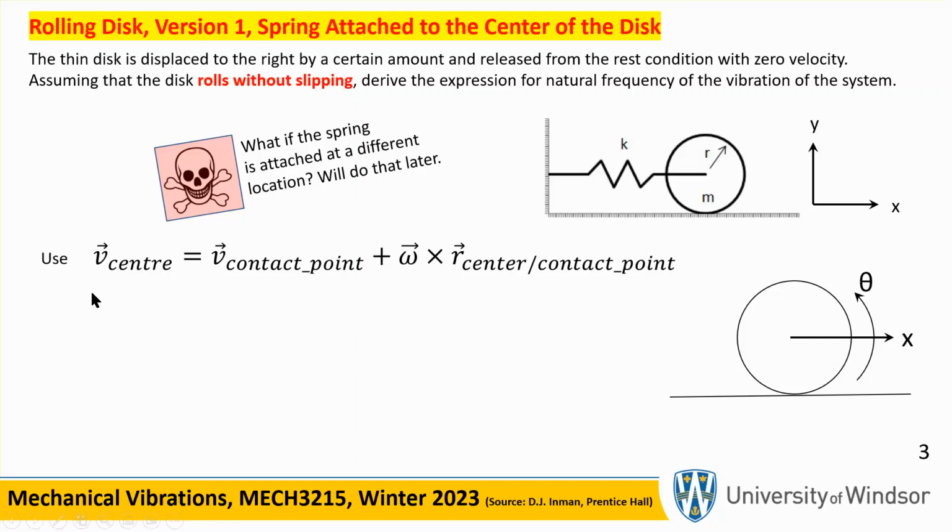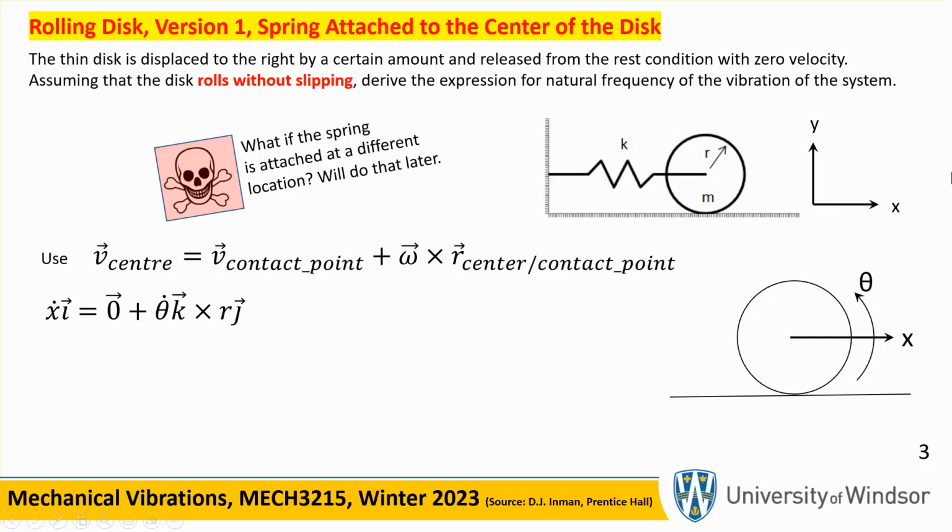Let me remind you that you were taught this as velocity of A is equal to velocity of B plus omega crossed with R of A relative to B, okay? But here the A and B are the center and the contact point.